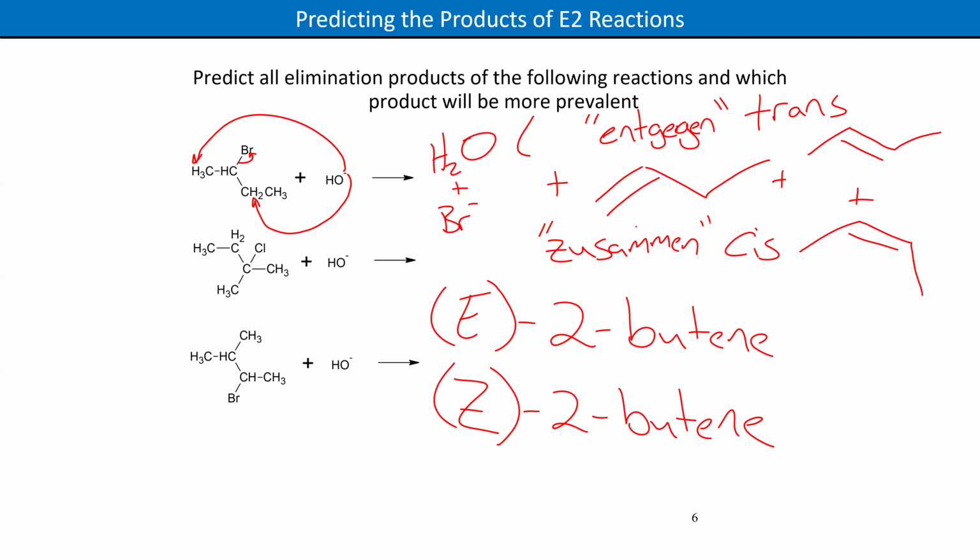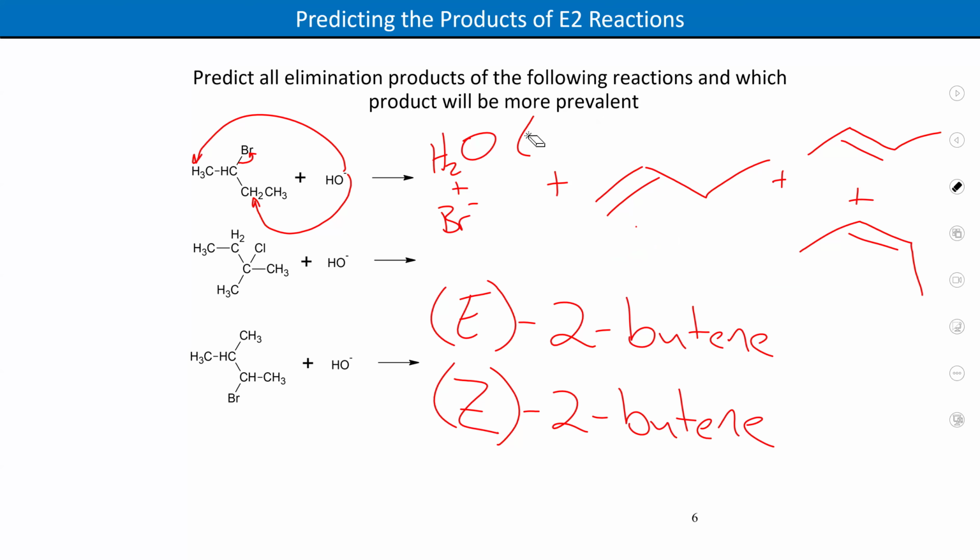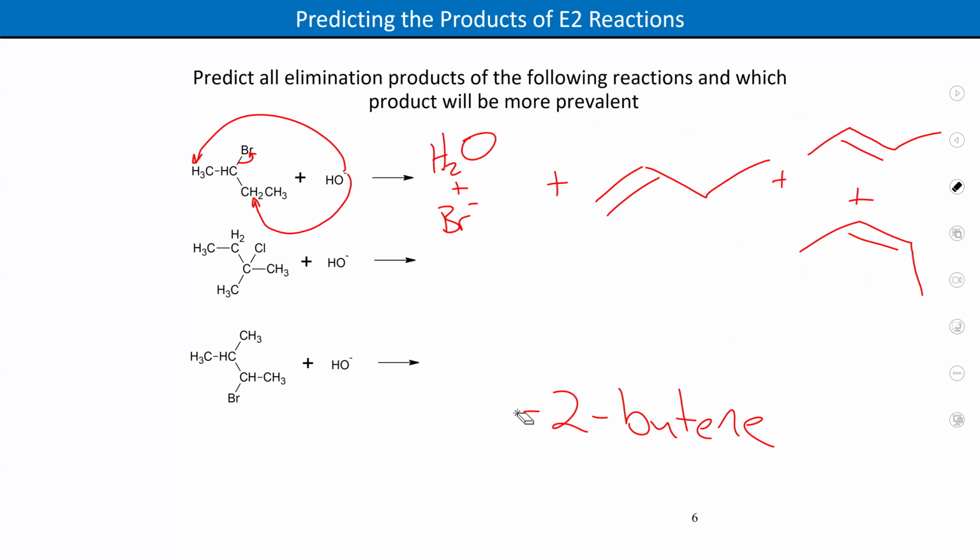So then how do we know which one is gonna be more preferred? Good, let me clean up some of this so we can see what's going on. So Zaitsev's rule is you preferentially form the more substituted alkene.